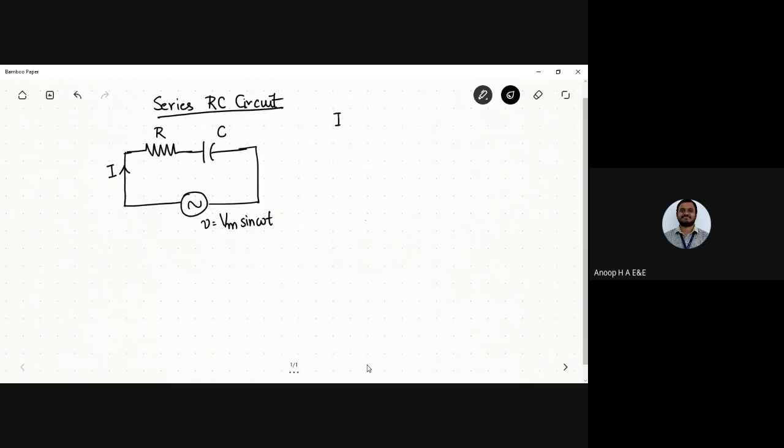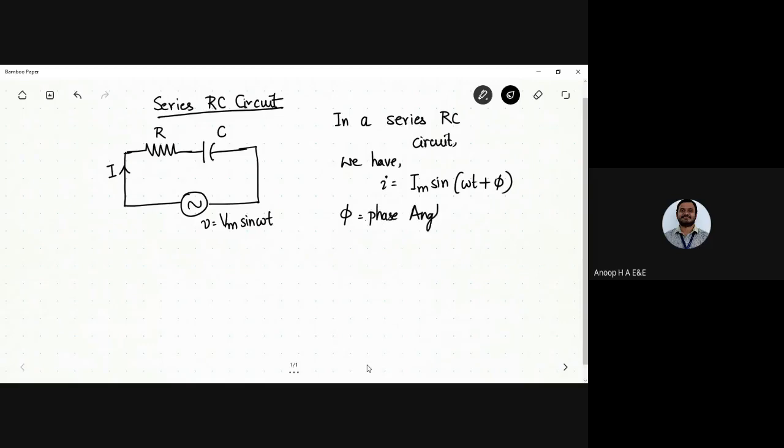Now, in a series RC circuit, we have current which is leading by an angle phi, where phi is called the phase angle, in degrees or radians.